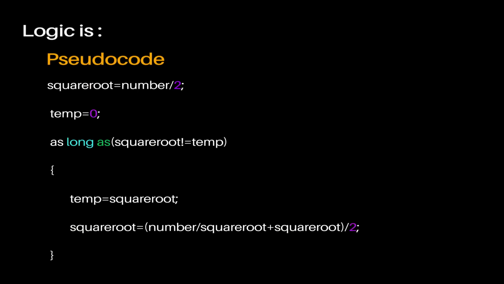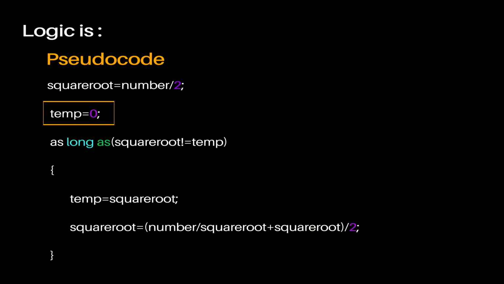The logic is to find the square root of a number, the following pseudocode can be used. That is, the first statement is square root is equal to number divided by 2. The second statement is temp is equal to 0.